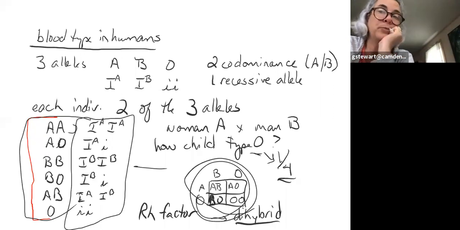That's pretty much the only multiple allele problem there is in Bio 1. We talk about other ones in genetics, mostly a lot of them in plants. But for us, if it's a blood type problem or some version of a blood type problem, that's what I'm asking.